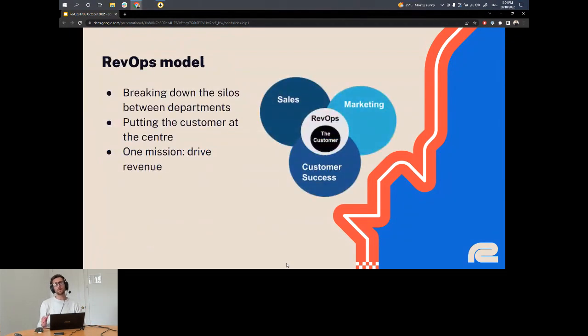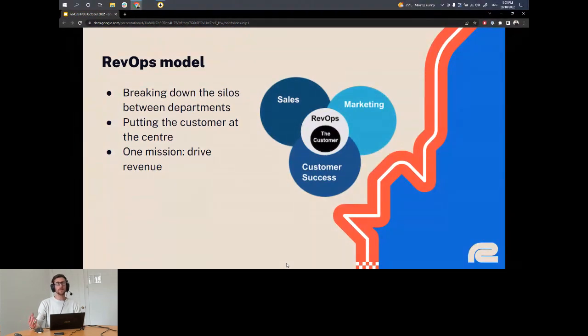So the role of the RevOps model is to break down those silos and reduce the friction that may exist between your sales, marketing, and customer service departments. So it does that by putting the customer at the center and aims to create an enjoyable experience for them because they're simply what your business is all about.